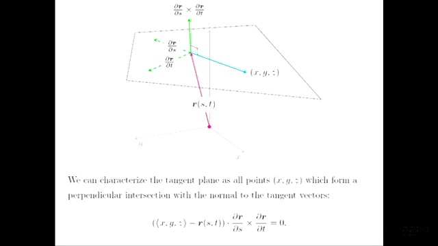Okay, one thing further. Have you been told this interpretation of the plane? So if you take the dot product of two vectors and it's 0, what does that tell you about the vectors? That they're perpendicular. So I can characterize the plane as all points which form a perpendicular intersection with the normal to the plane.